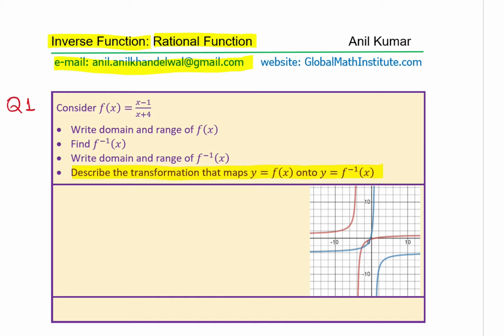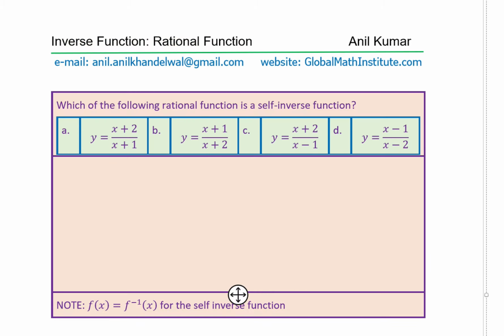So I hope you appreciate that part. This is the critical part which we are going to look into. Now, the second question here is, which of the following rational function is a self-inverse function? So we're talking about a self-inverse function. Now, multiple choice test paper, we have four choices, correct? Which one is the correct answer?